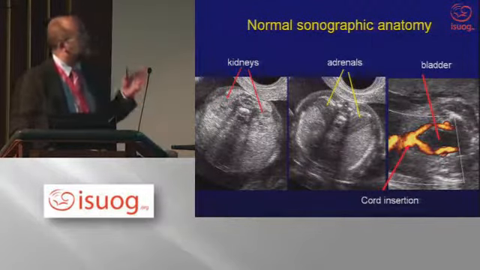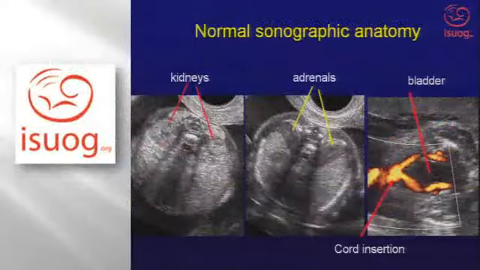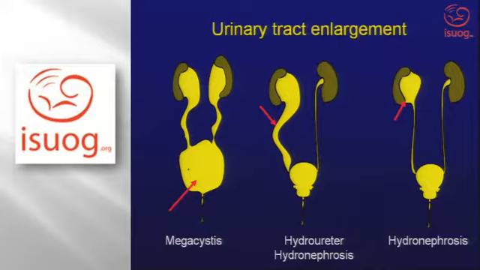Okay, just very quickly about the normal sonographic anatomy of the kidneys. This is axial views here of the kidneys, both lateral to the spine. If you go a little bit superior to that, you will see the adrenal glands, slightly oblong-shaped, and obviously the bladder with the cord insertion and the two superior vesical arteries, which go into the umbilical arteries.